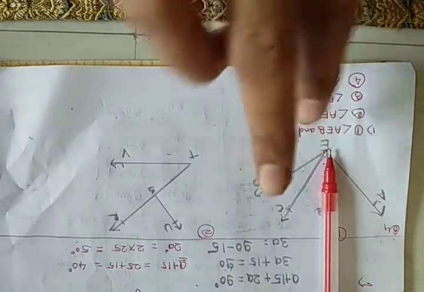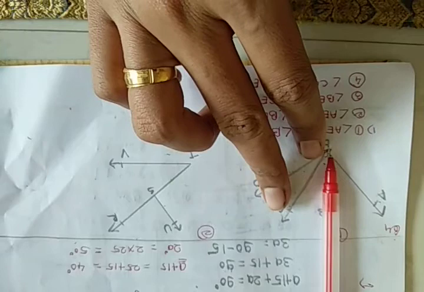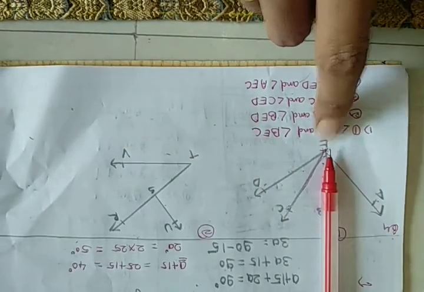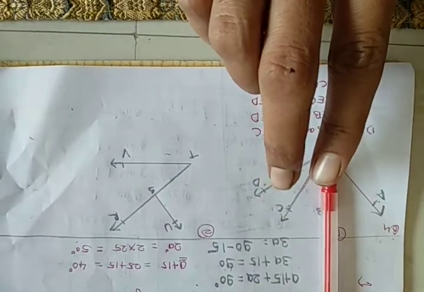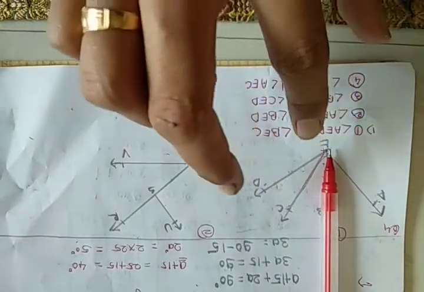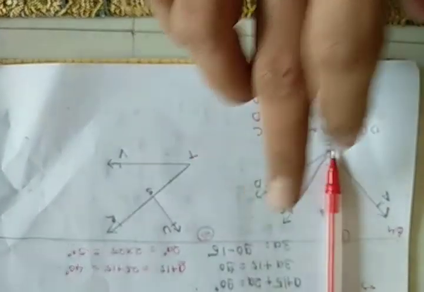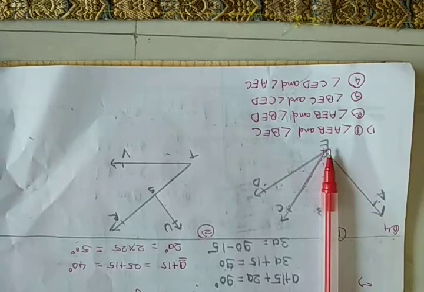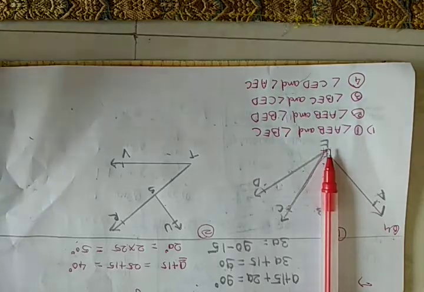These two angles have the common arm CE, common vertex E, and the other arms AE and ED are opposite to the common arm, and also these two angles have separate interiors. So these angles are the adjacent angles.